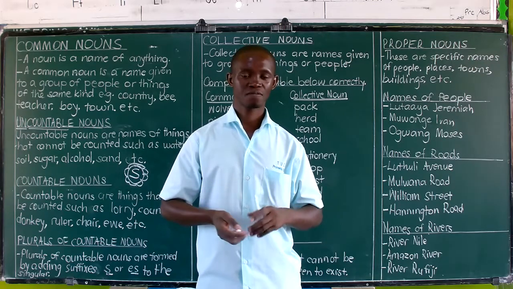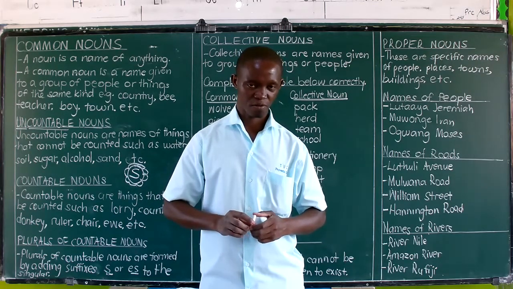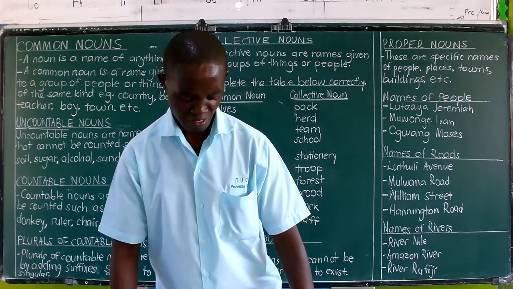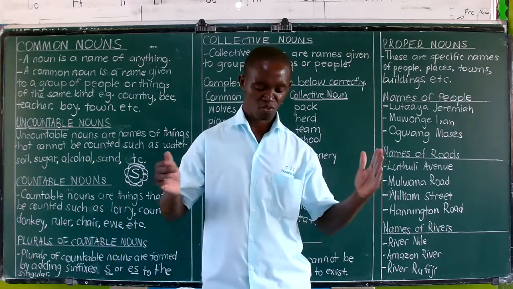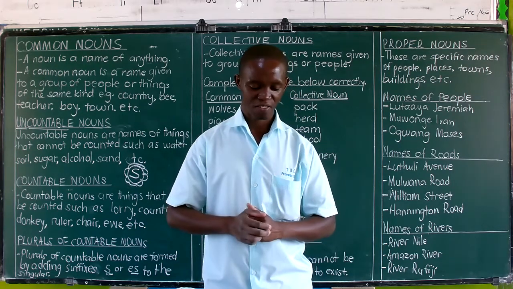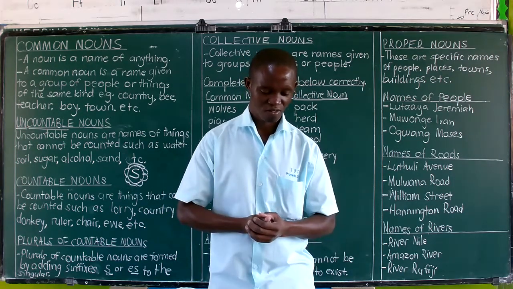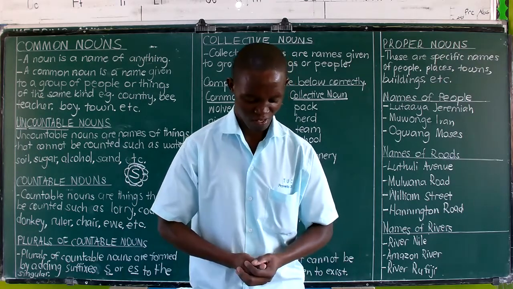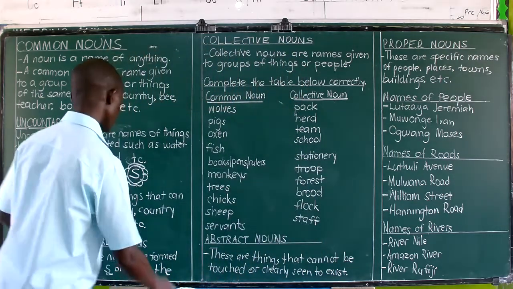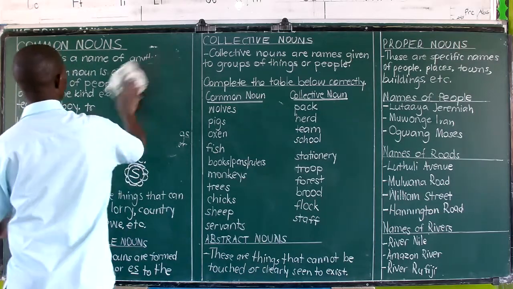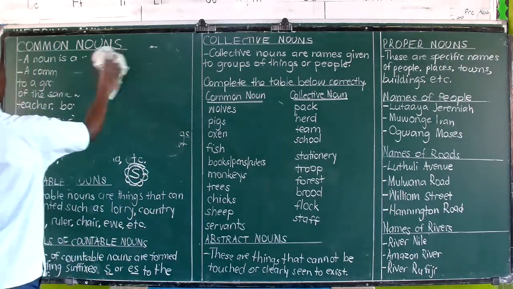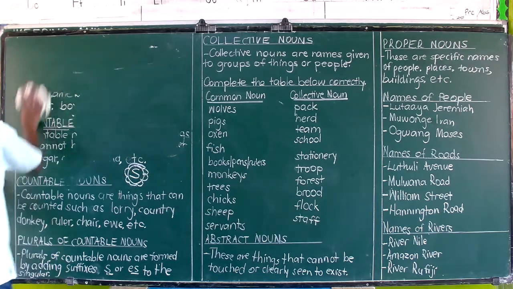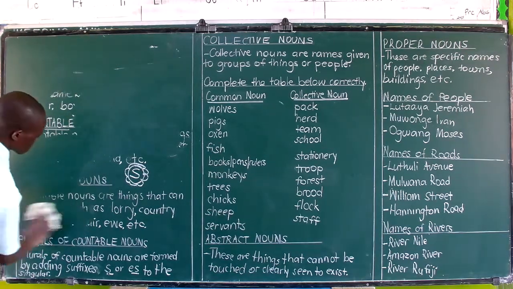A suffix is a letter or group of letters added to the end of a word to change its meaning. So we have the singular this side and the plural the other side. We have watch, and these nouns are mixed up in here. You discover most of them end in either O or CH.